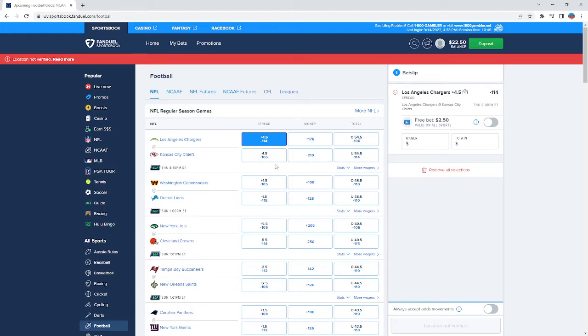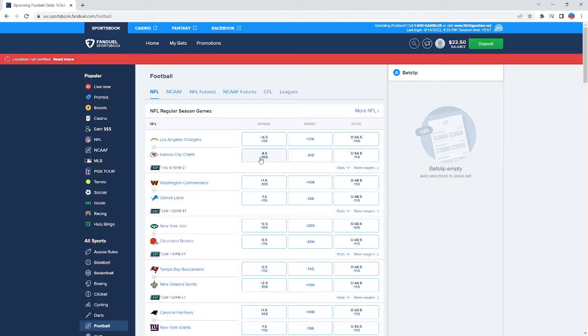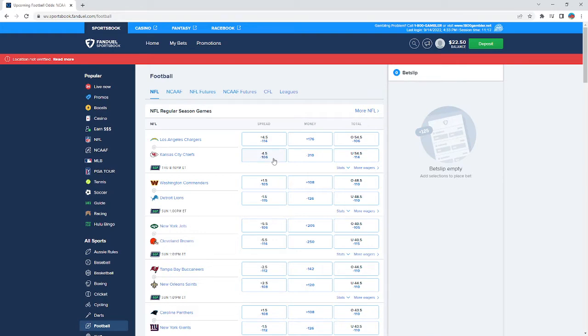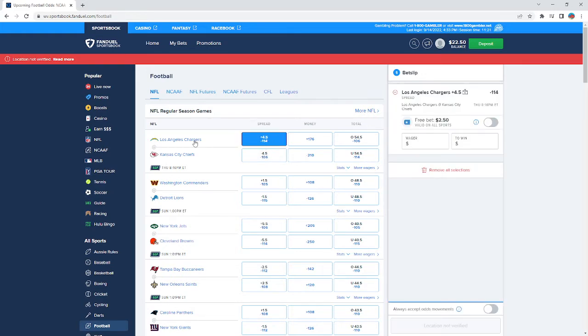So, if you think that the Chiefs are going to win this game and you think they're going to win big, they just decimated the Cardinals on opening Sunday, if you think they're going to take this game against a pretty good Chargers team, and you have a suspicion that they're going to win this game by 2 touchdowns, you take them to cover the spread, because that means they'll be winning by 5 or more points. If you think they're going to win the game but you have a gut feeling, you're confident, that they're only going to win that game by a last-second field goal, you want to take the Chargers plus 4.5, because the Chiefs did not win that game by 5 points. That spread would not cover.